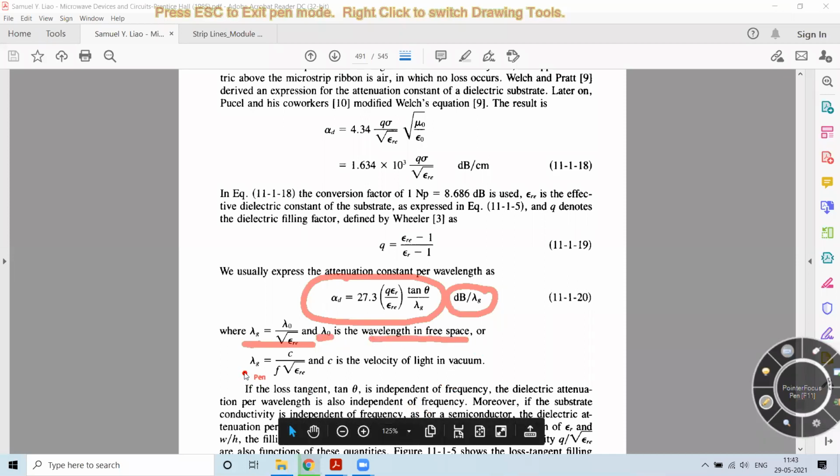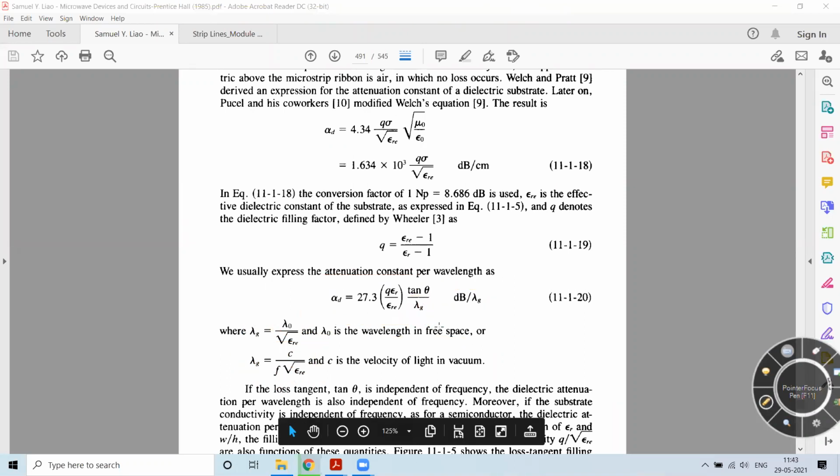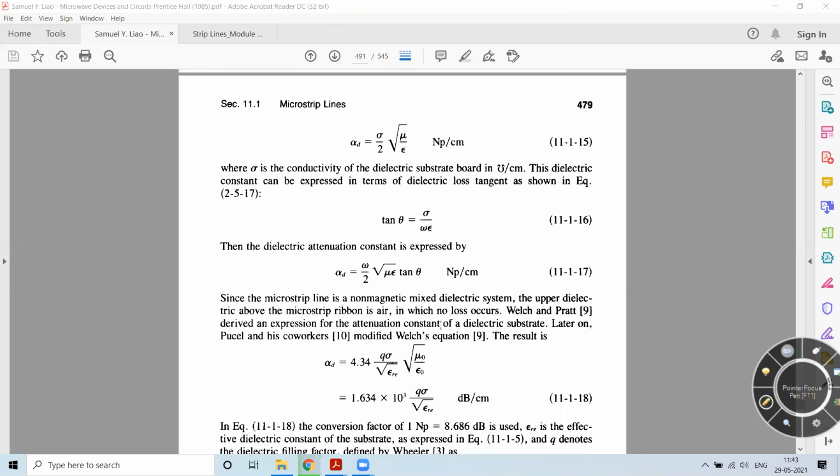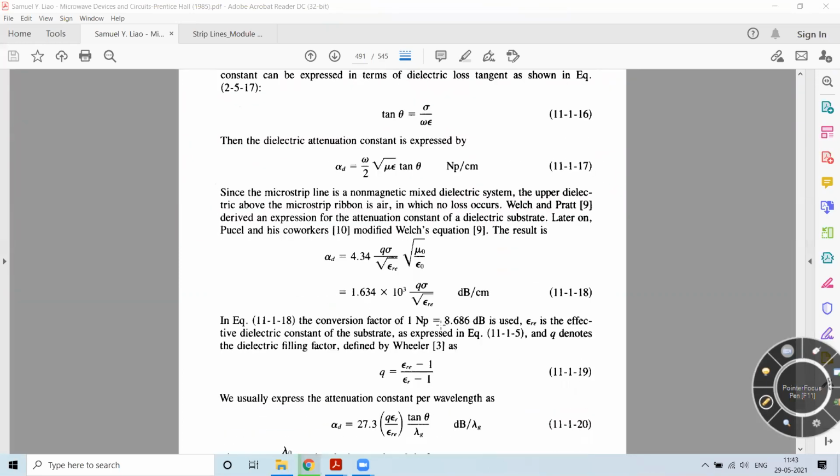So when we want to specify lambda g in terms of the frequency, we can substitute lambda naught as c by f and obtain this representation. So this is the lambda g representation which is being utilized in this equation. So this is the dielectric loss which we have specified.